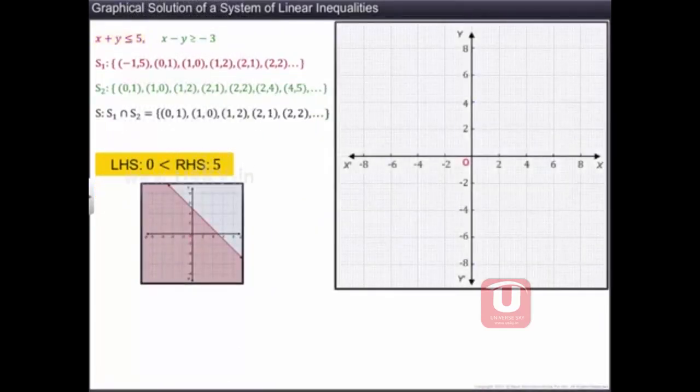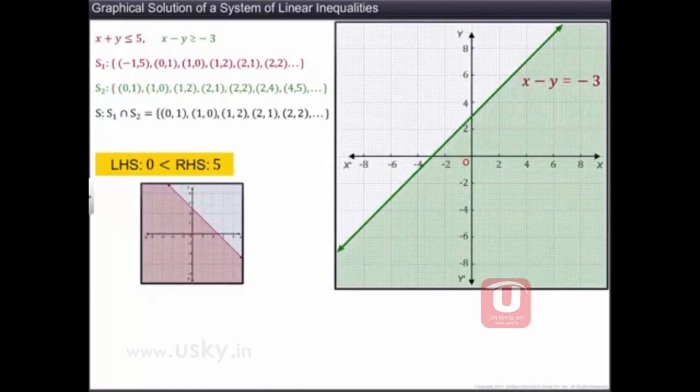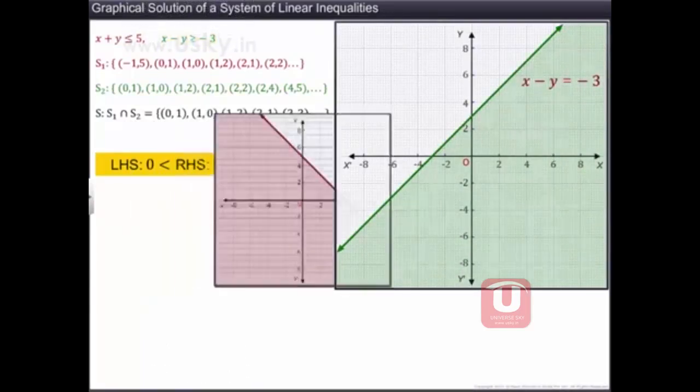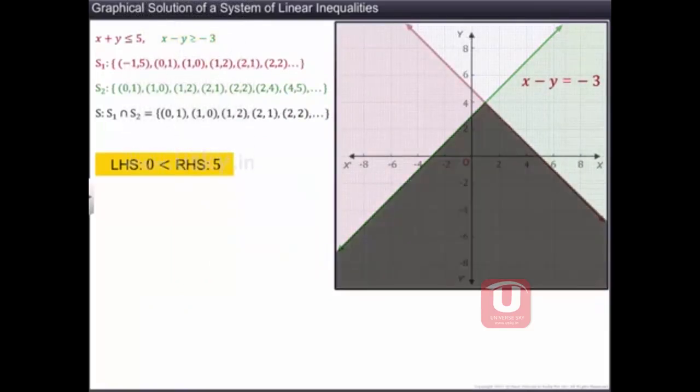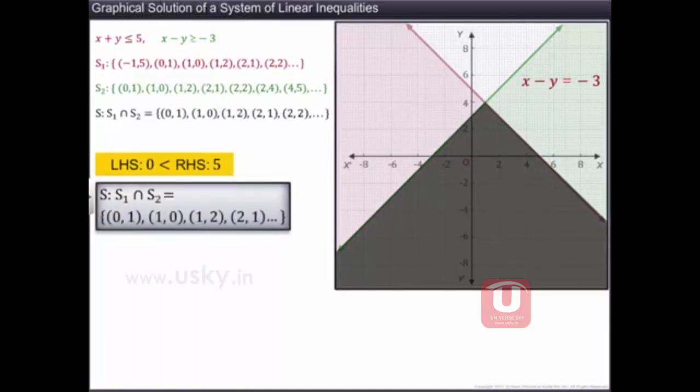In the same way, the solution region of the inequality x minus y is greater than or equal to -3 is as shown. If we overlap the solution regions of both the inequalities, we get the region as shown. The common solution set that we have found algebraically belongs to the overlapped region on the graphs.